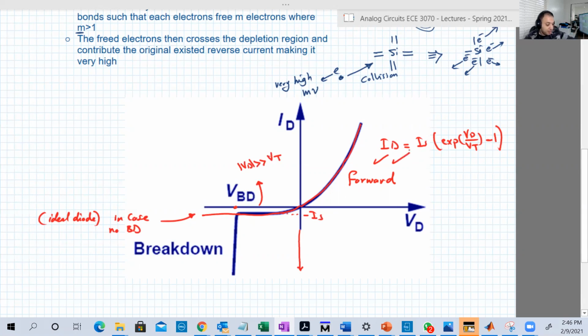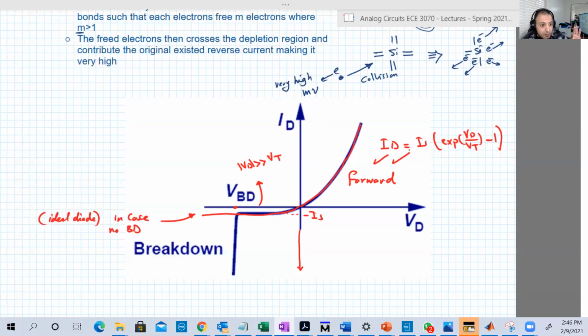Just put VD, for example, equal to minus 10 VT. VT will cancel with VT, so we end up with IS times exponential minus 10 minus 1. Exponential minus 10 is just 0. Just try it on your calculator, it will be just 0. And ID will be equal to minus IS.